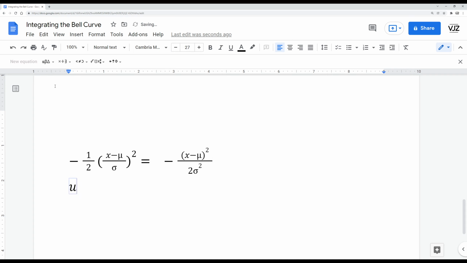If we let u be the square root of this term right here, then it will make sense that u squared will be this term. So far, so good. So again, let's set u squared to this, and therefore u will be the square root of this term.